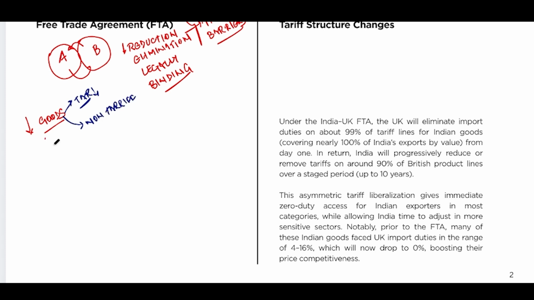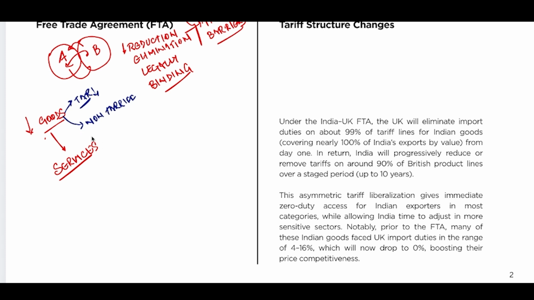Once goods are sorted, then generally the countries move towards easing the restrictions in matters of services. Now, services are more complicated than they seem. A good is just manufactured at one place and then an inanimate, inorganic substance is transported. When it comes to services, it is about the movement of people as well.